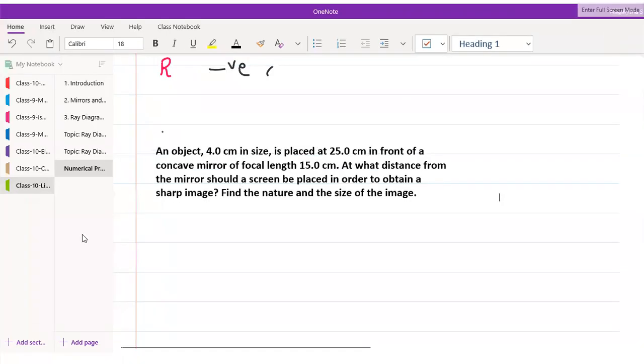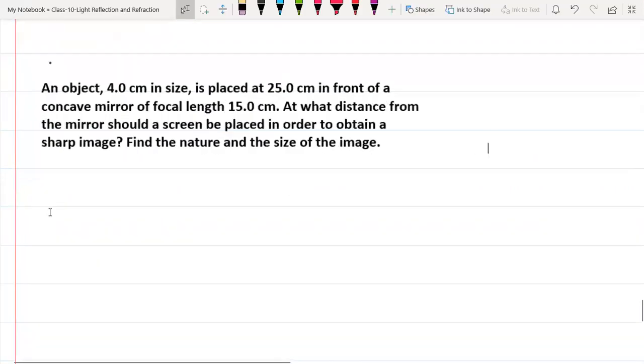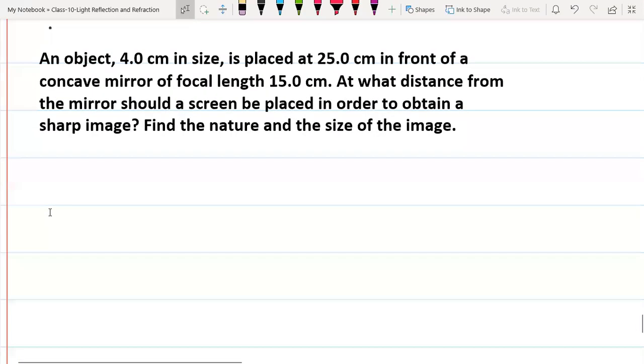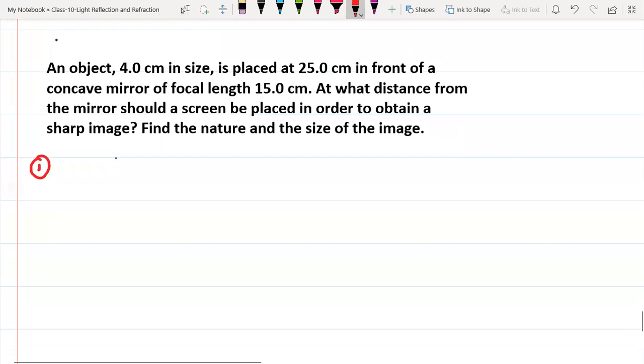So guys, we have a question here. Let us check it. First, whenever a question is given, the first thing you have to see is whether the question is concave mirror or convex mirror. If you see the question, an object 4 centimeter in size, here they gave concave mirror.